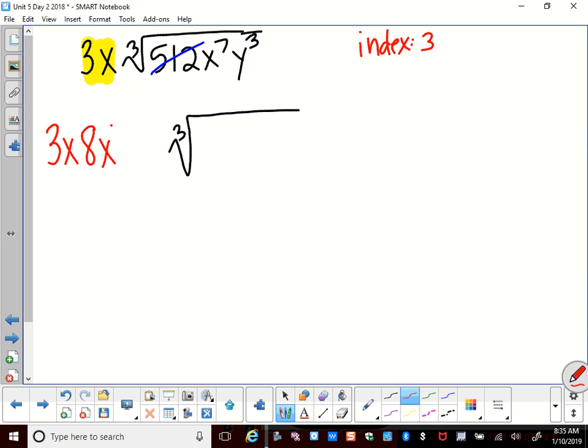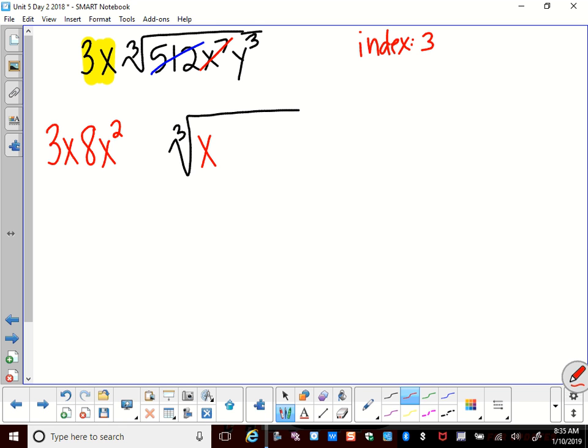So that comes out as x squared. If I bring out 2 groups, that's only 6. So I still have 1 left over. Where does that 1 go? It stays inside. It cannot come out because it does not have a pair or a group of 3. Okay? So my x's are done.